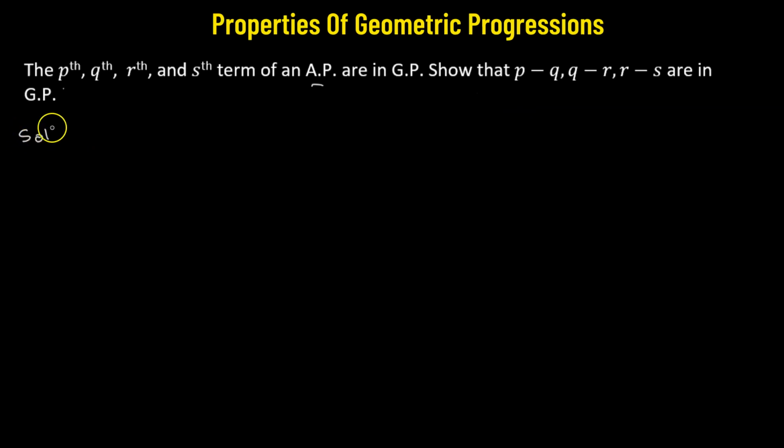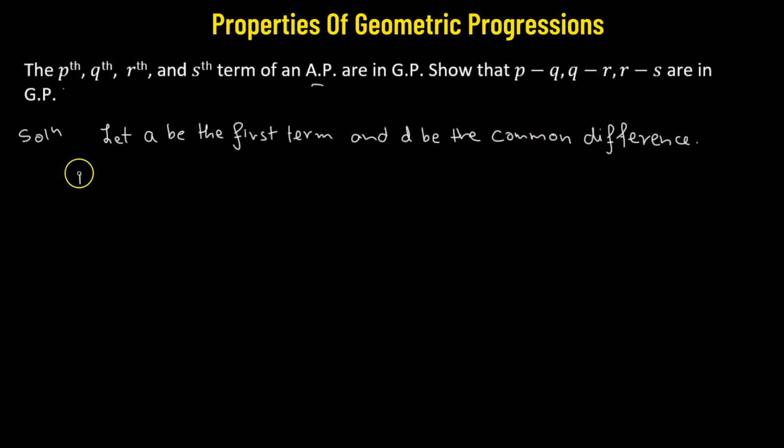So let's begin. First, we'll specify the first term and the common difference. Let A be the first term and D be the common difference. Now let's first define the terms. The Pth term, AP, will be given by A plus P minus 1 times the common difference D, because those terms are in arithmetic progression.